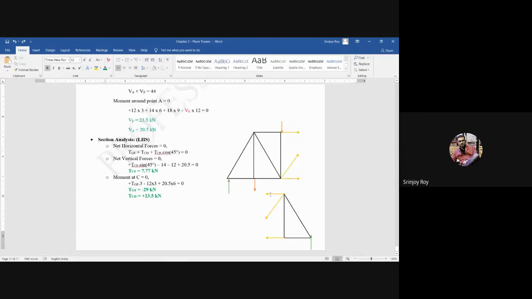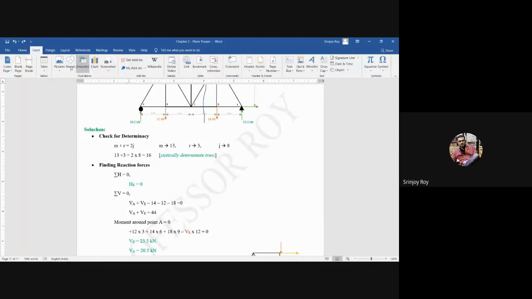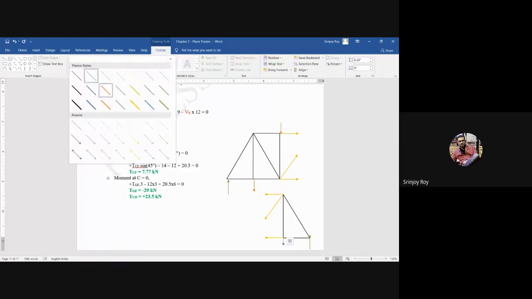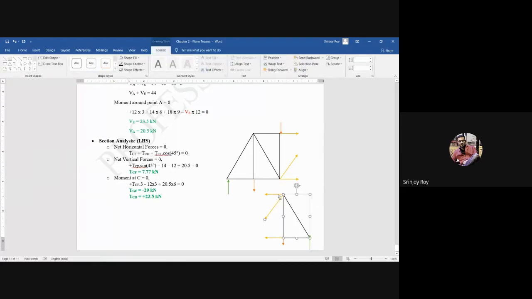Yes, and there is one force also. This is one force just generated. So as you can see, is it clear to all of you? Everybody, hopefully you can solve it.